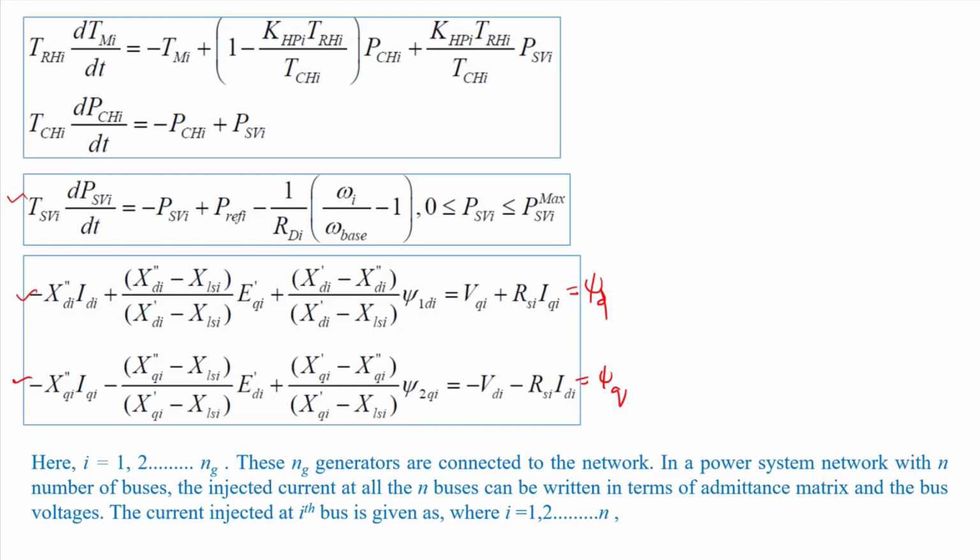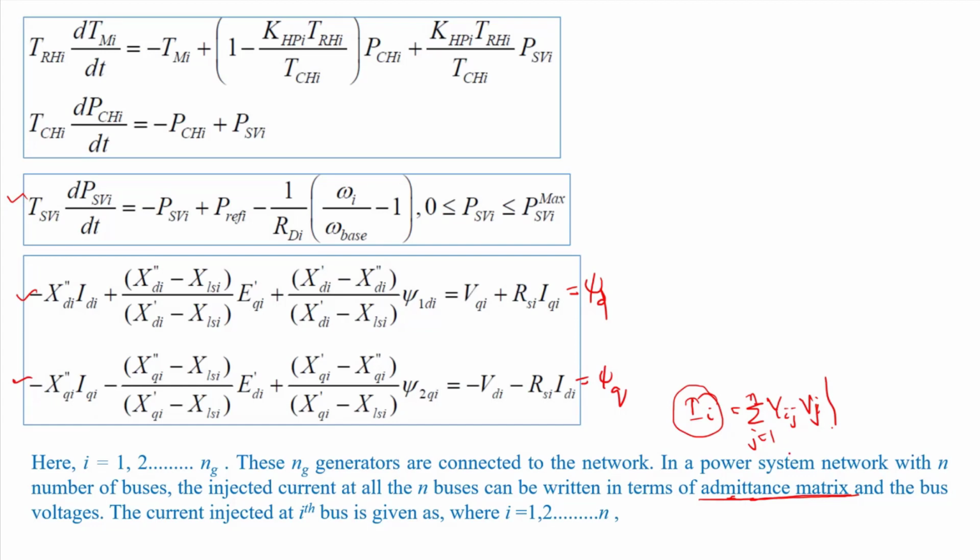So these ng generators are connected to the network, and in a power system network with n number of buses, the injected currents at all n buses can be written in terms of the admittance matrix. You already know this perhaps from the load flow study. We can write the injected current Ii at a particular bus as the summation of Yij Vj, with j equal to 1 to n.